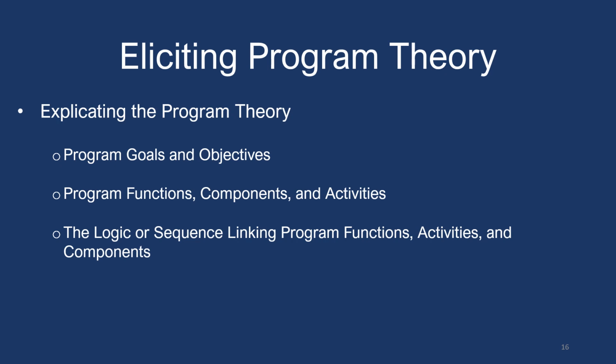A critical aspect of program theory is how the various expected outcomes and functions relate to each other. Some key program functions include assessing client need, completing the intake process, assigning case managers, or the like. They are the agreed upon steps that are part of the program delivery.